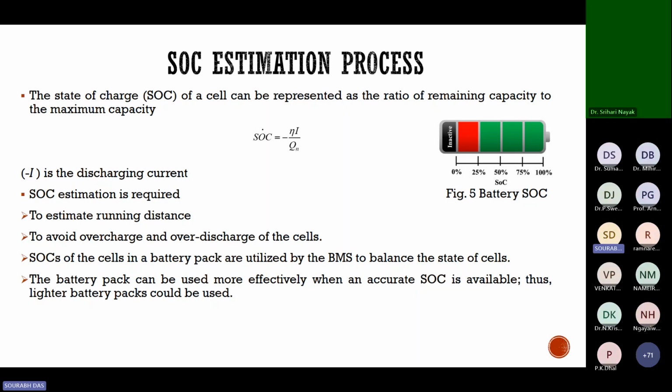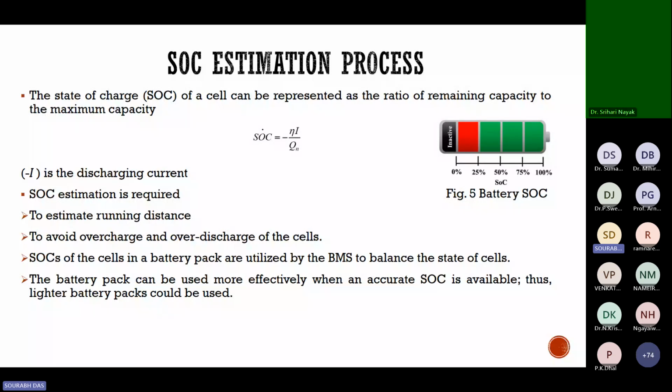Second is to avoid overcharge and over-discharge of the cell. Charging a battery beyond its capacity makes the temperature rise, and due to overheating, it may get damaged or there may be risks of fire in the battery. Deep discharging also causes permanent damage to the battery, because there are cracks in the electrodes.